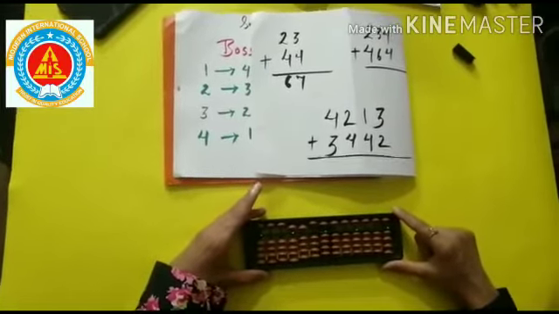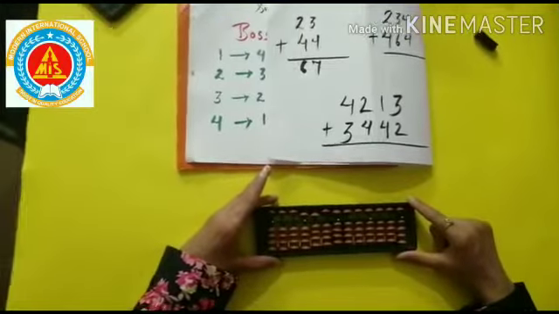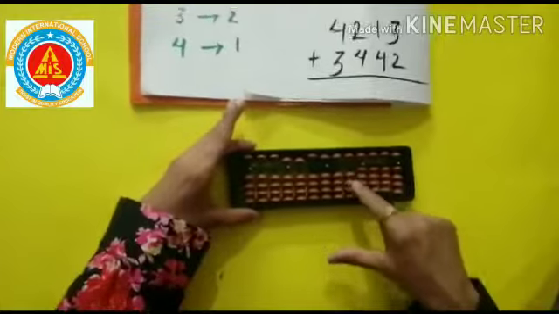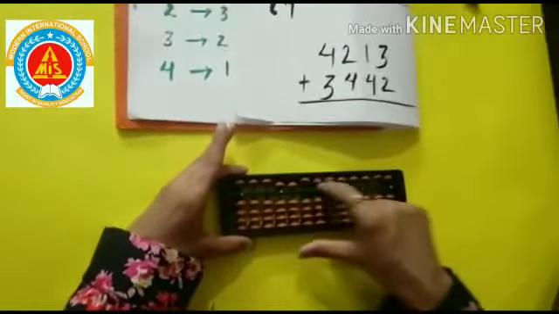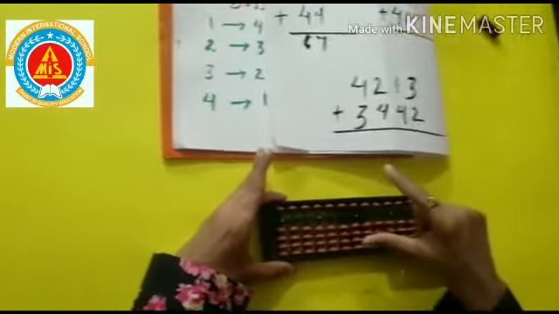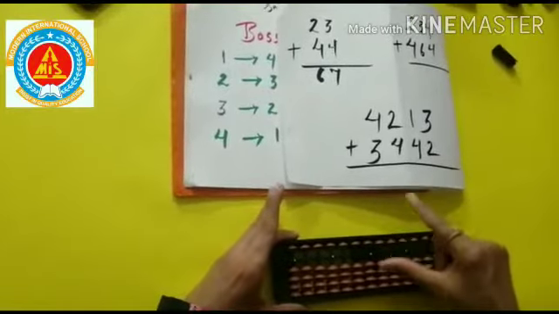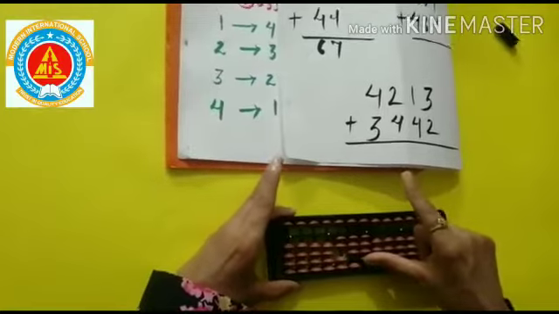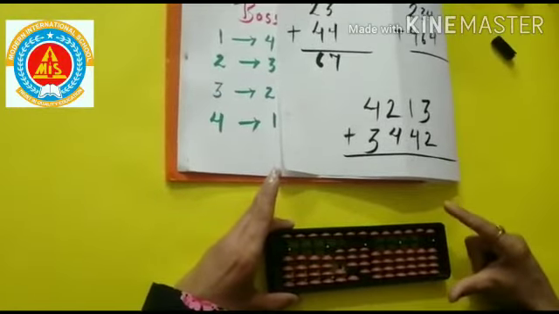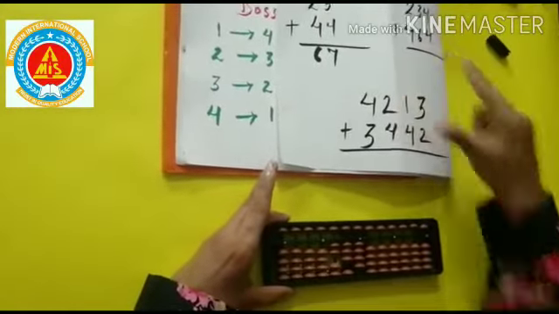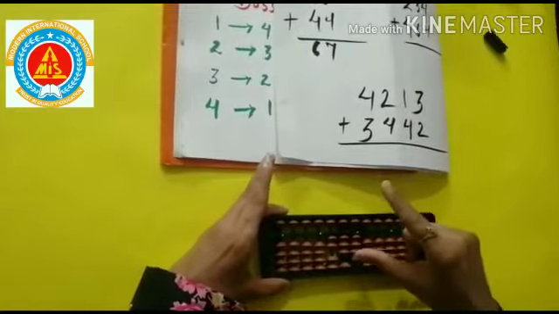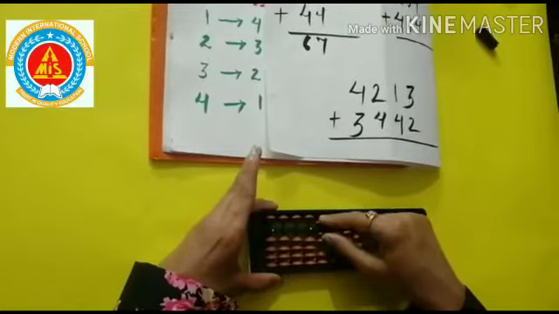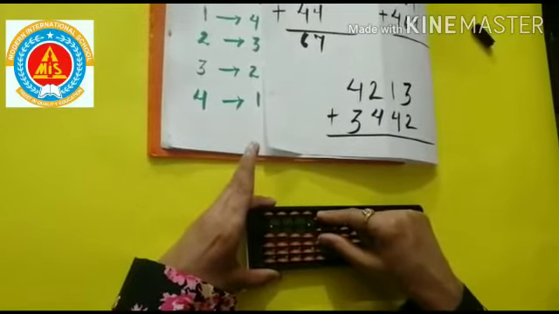Now we'll add 234 plus 464. For that we'll use 100 number of rods. 234. Now add 464. First 4: add the boss 5 less the friend 4.